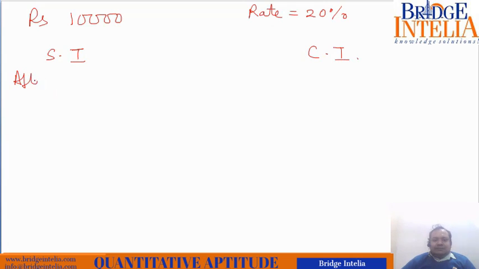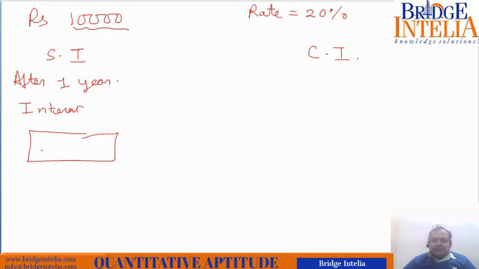After 1 year, if you look only at the interest, in this bank the interest will be 20% of 10,000, so 2,000. In this bank also the interest that you are going to get is 2,000 only.